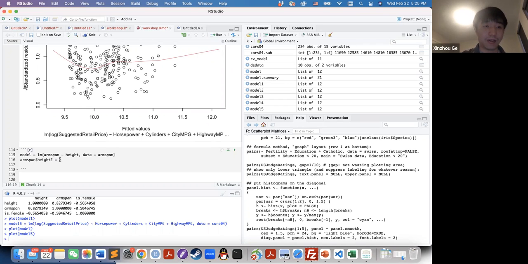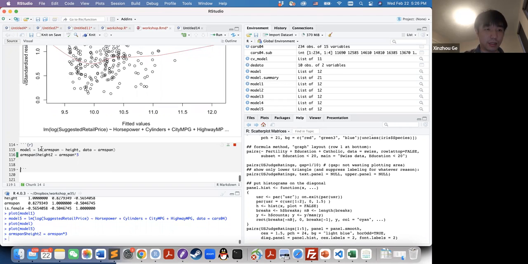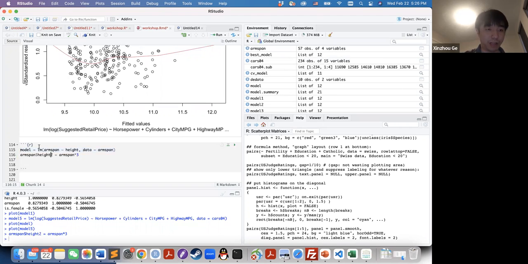Let's just do some linear transformation. For example, height 2 is height 1 times 3. What if we do a linear model which predicts arm span using both height and height 2? Let's see what will happen.